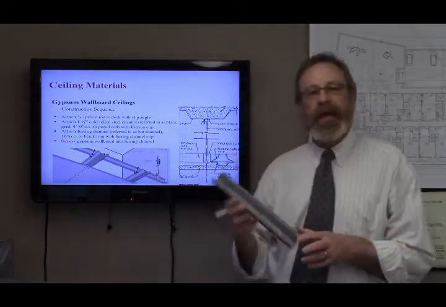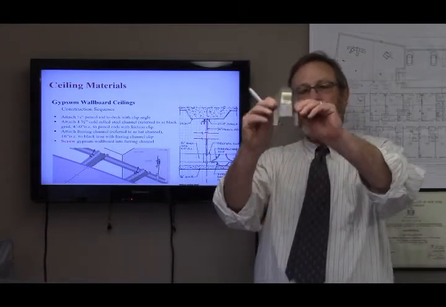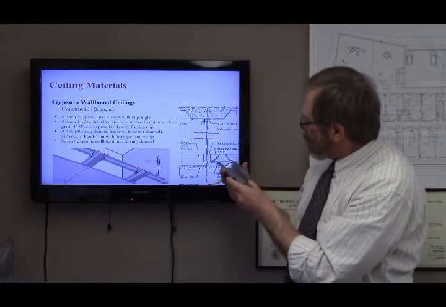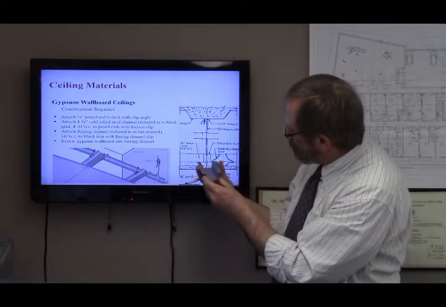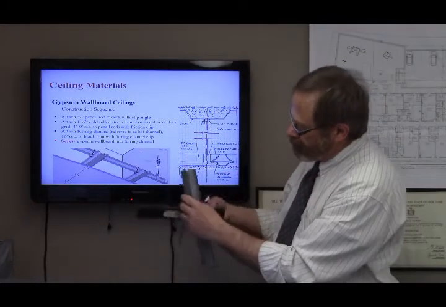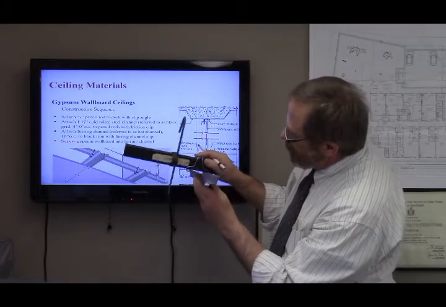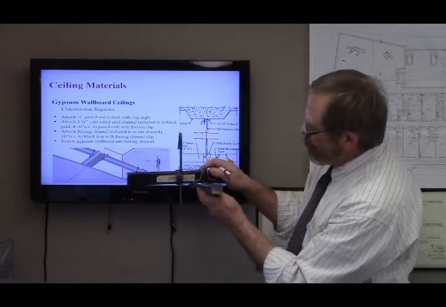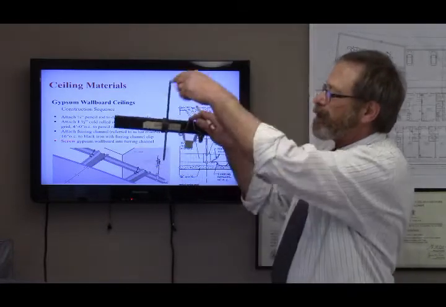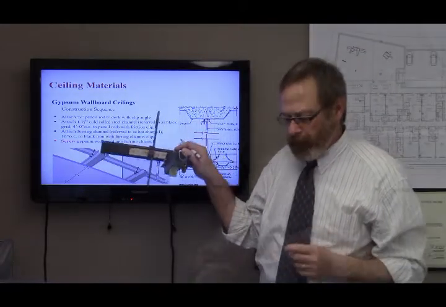And now I'm going to take a piece of furring channel. I talked to you about it before. It's often called a hat channel because it looks like a hat. Here it is in this drawing alongside it. I'm going to hang this furring channel into the clip. And now we have our assembly of furred ceiling hanging from the deck above.